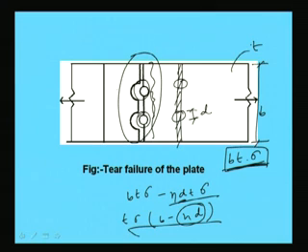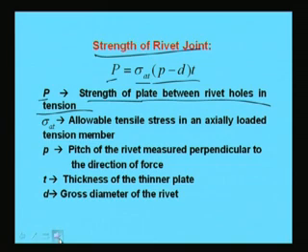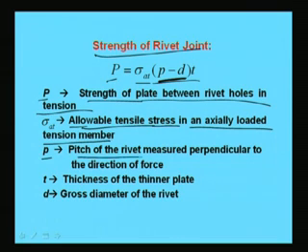Now, if pitch is P, then per pitch, the strength will become P minus D into T into sigma AT, where sigma AT is the allowable tensile stress in axially loaded tension member. This allowable tensile stress can be found out for different grades of steel, and P is the pitch of the rivet measured perpendicular to the direction of the force.